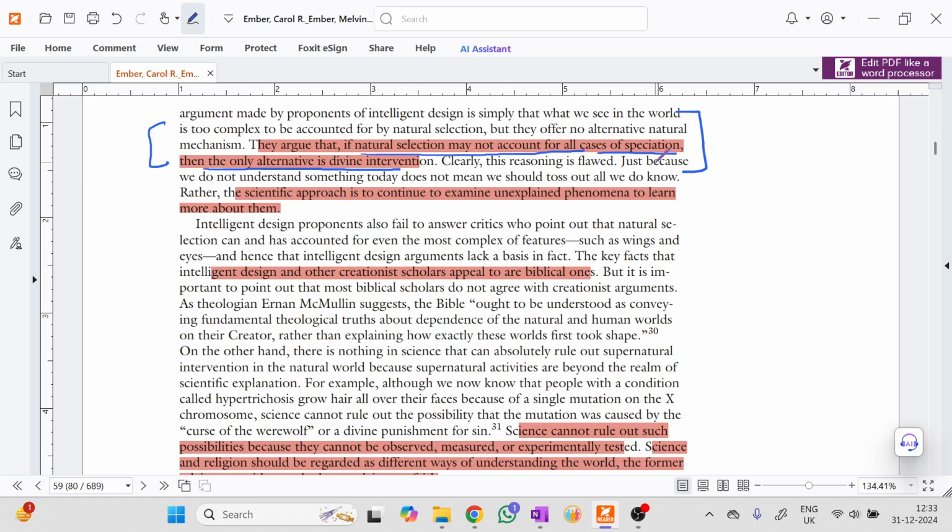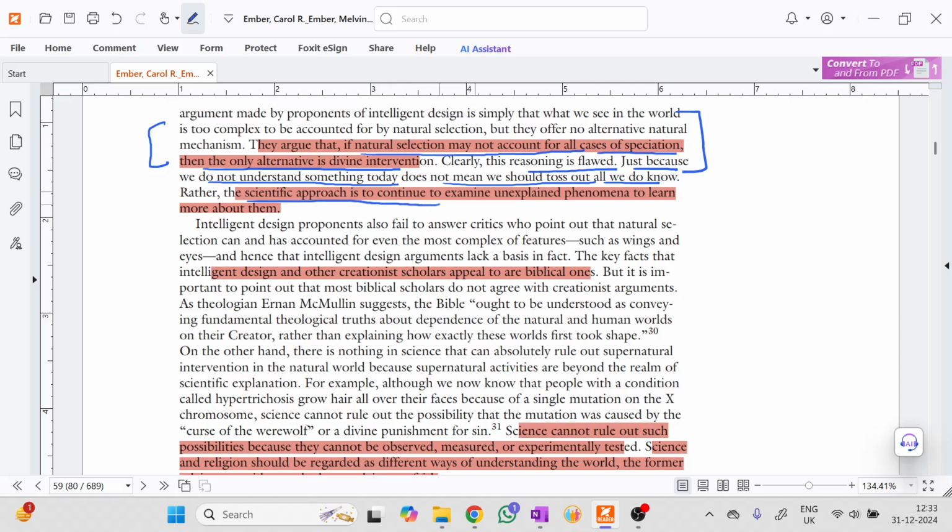That is flawed reasoning, because just because we do not understand something today does not mean we should put it all on the shoulders of a divine creation.